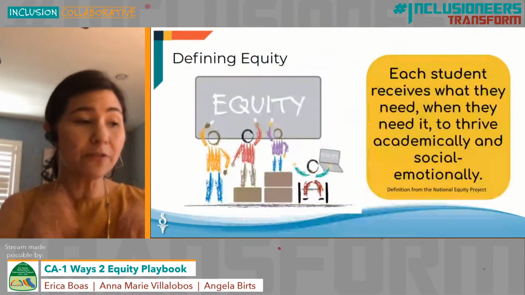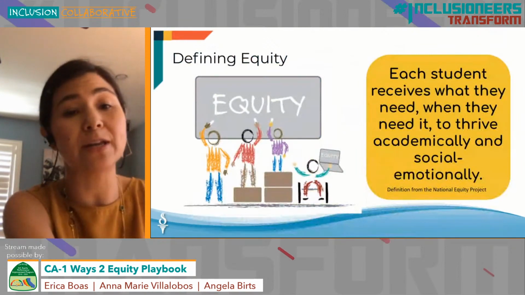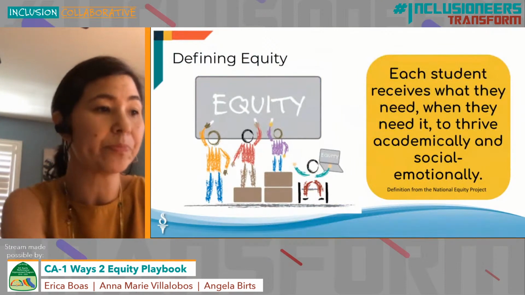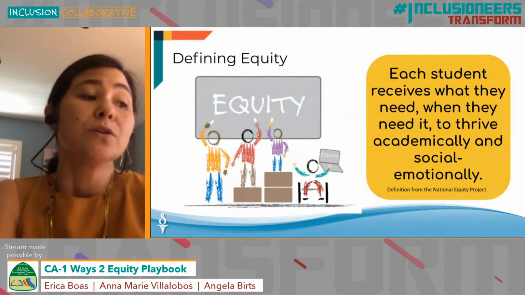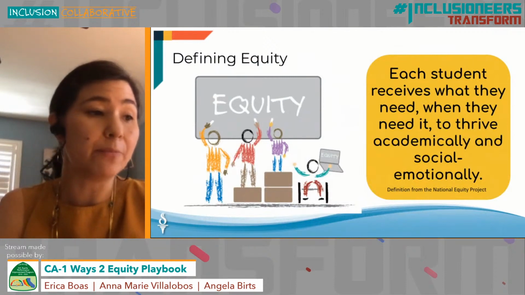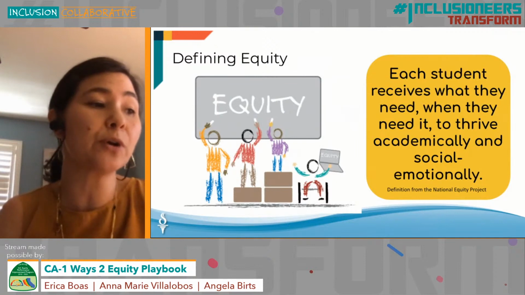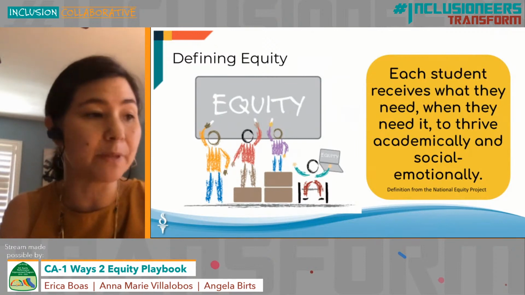And before we move into our focal groups, I want to provide you with the definition of equity that we use in the playbook. We take up the definition developed by the National Equity Project, who facilitated for us in our process a liberatory design approach to developing this playbook.